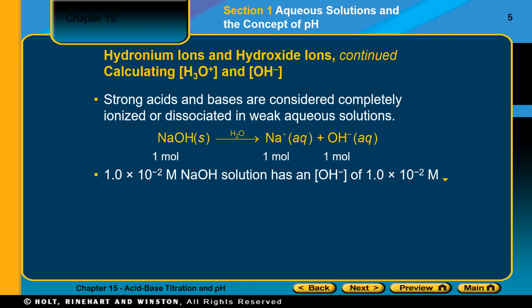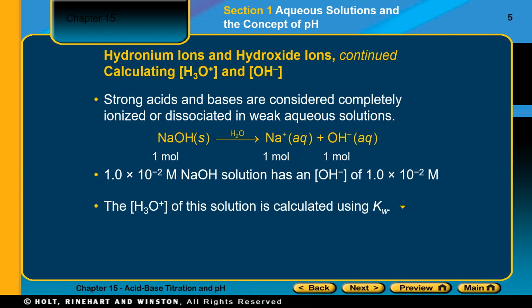Now you might wonder, how did we get that number? Well, just remember in our basic equation there, for every 1 mole of sodium hydroxide, go way over to the right, the hydroxide ion concentration is 1 mole as well. They're in a 1-to-1 ratio. So if I have 1.0 times 10 to the minus 2 molar sodium hydroxide, I'm going to have a hydroxide ion concentration of that same number, 1.0 times 10 to the minus 2.